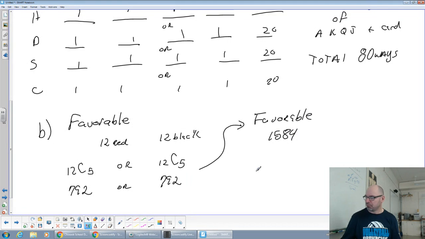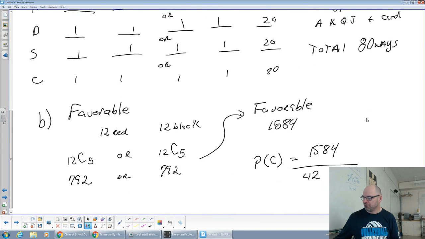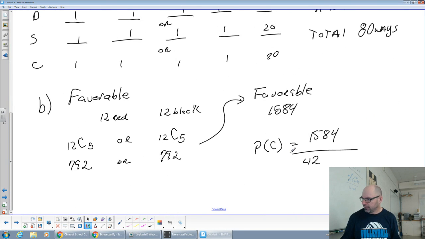Okay, so then the probability of all of one color is going to be 1584 over the same number that we had before, which was what? 42,504. Anybody remember? Okay, which can be reduced again.